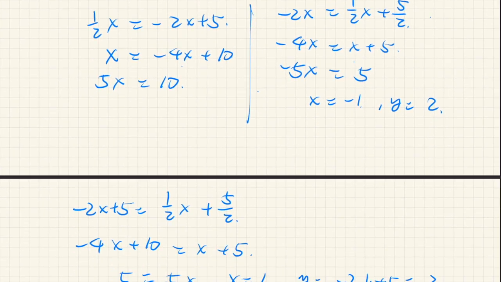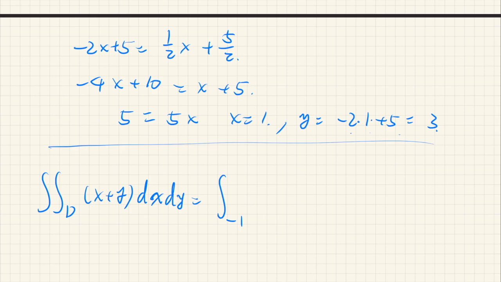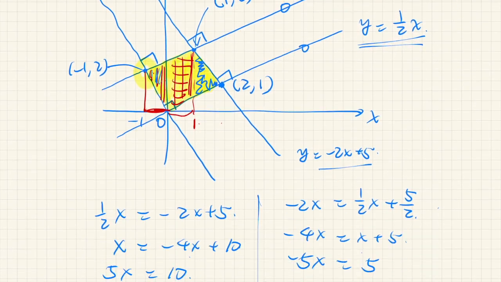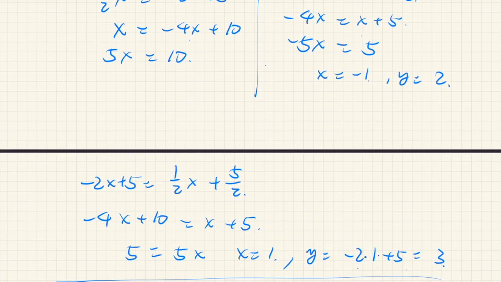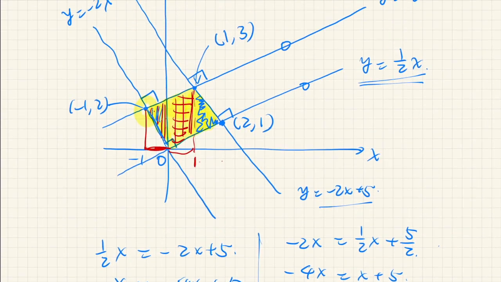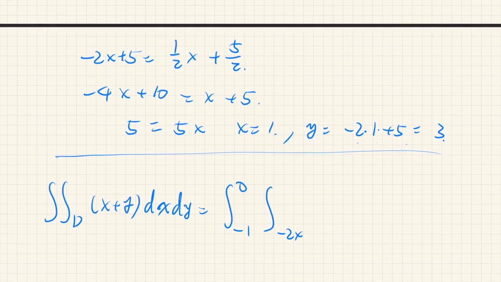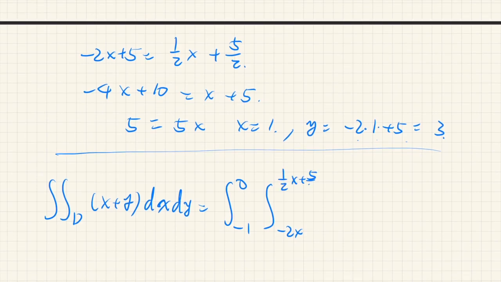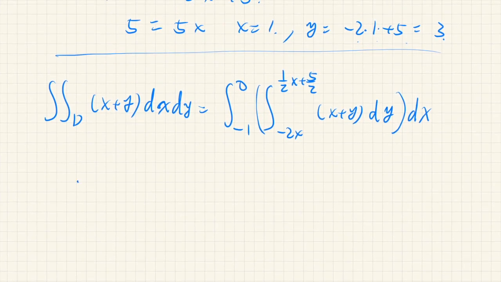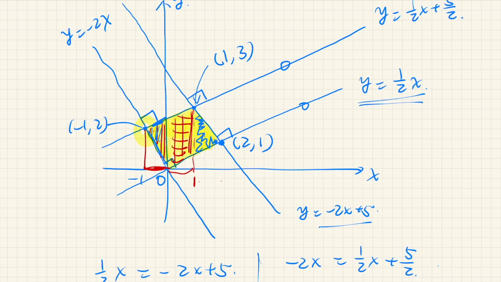So x is between -1 and 0, then y is between this line, that's negative 2x, and this line, that is 1 half x plus 5 over 2, of x plus y dy first, and dx, plus x between 0 and 1, and y is between this line and this line.